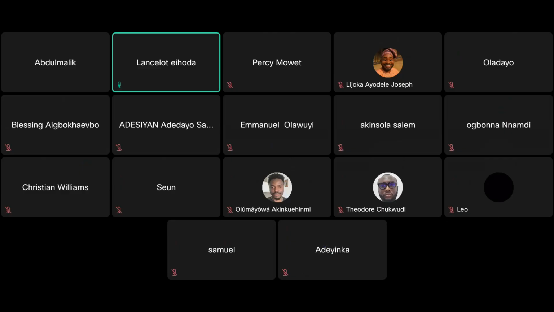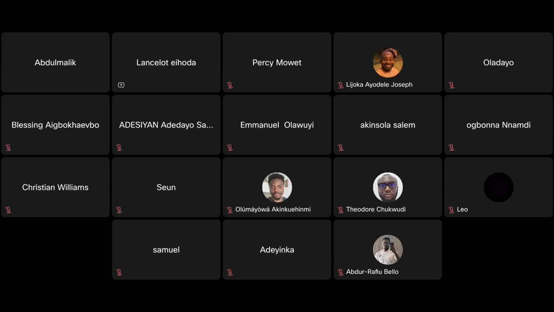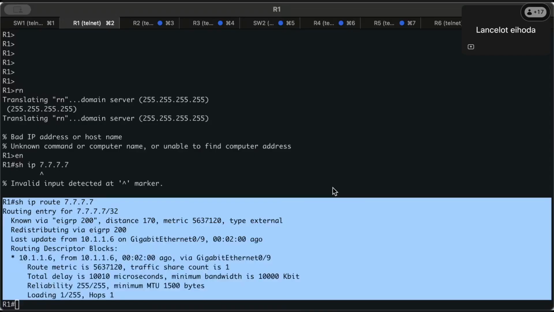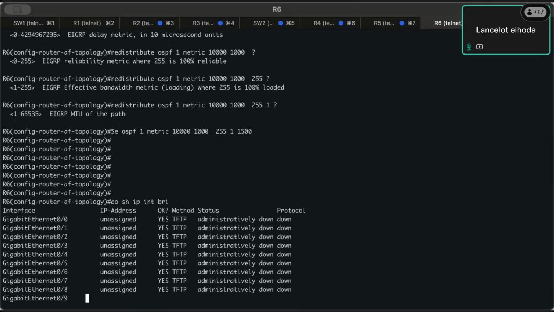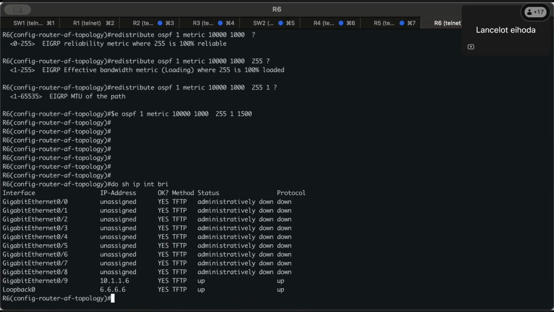So let me go to router 6 and do a show IP interface brief. If you notice, router 6 only has one interface up and one loopback up, right?